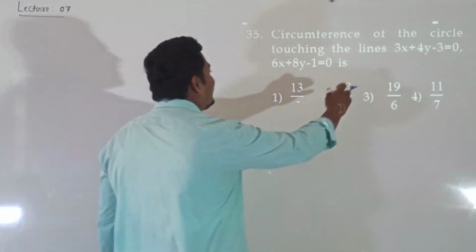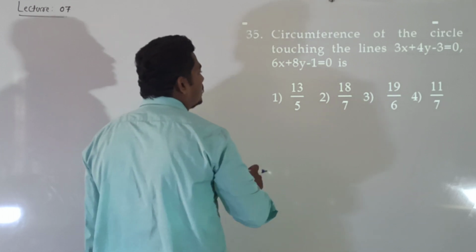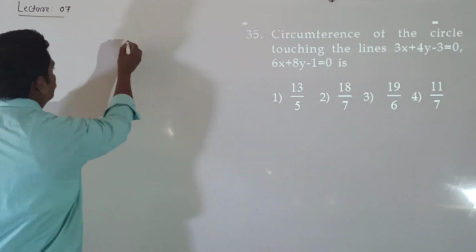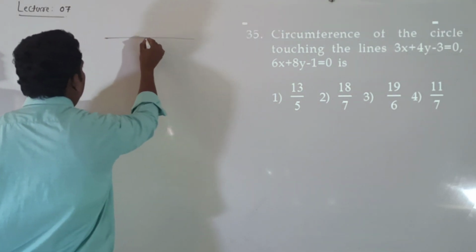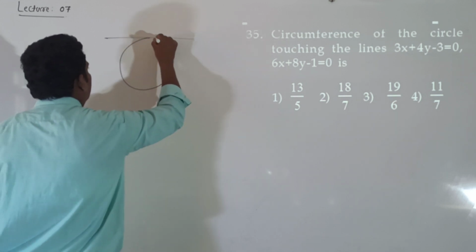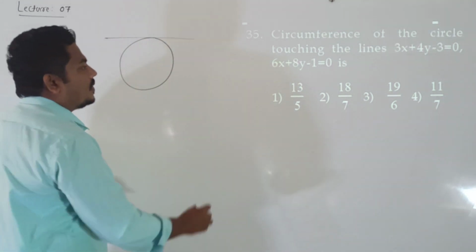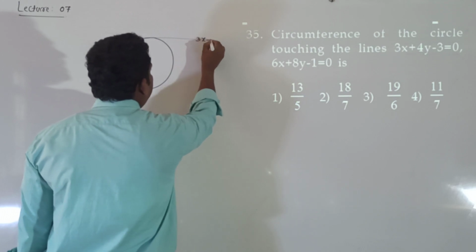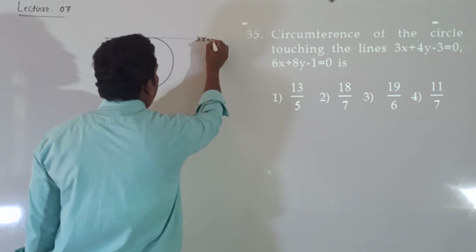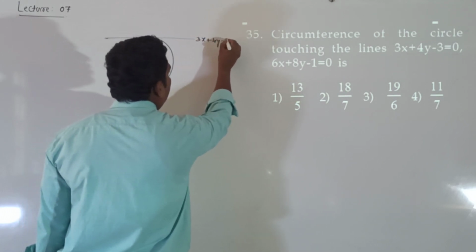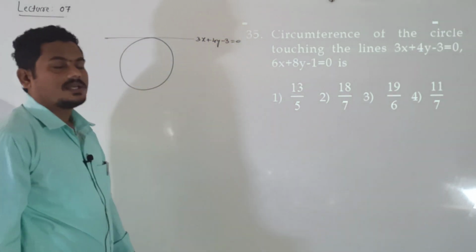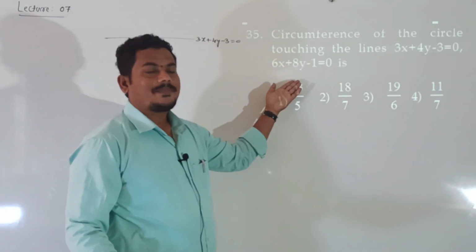Clearly these two lines are parallel only, right? One of the lines is 3x plus 4y minus 3 equal to 0, and clearly these two lines are parallel.